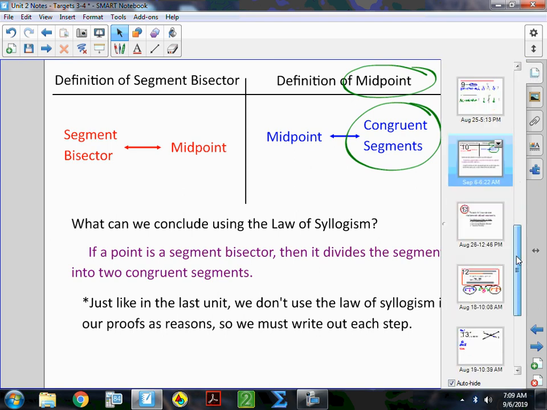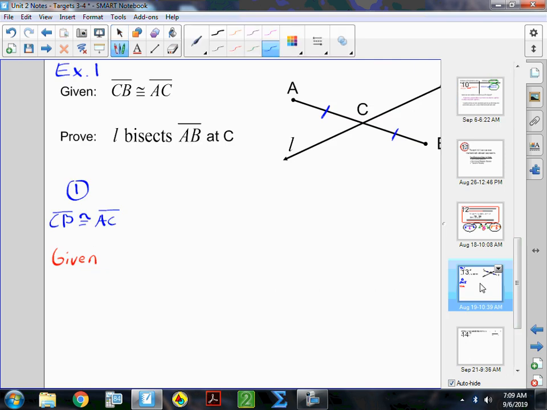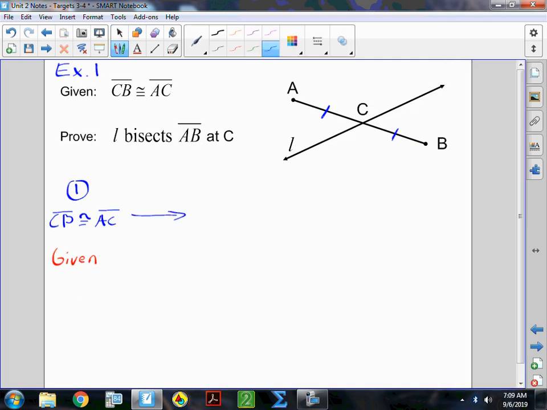So if I use that as my reason, I'm going to say congruent segments. If I have congruent segments, then I have a midpoint. That's the definition of midpoint. So because I have congruent segments, I know that C is a midpoint of segment AB.